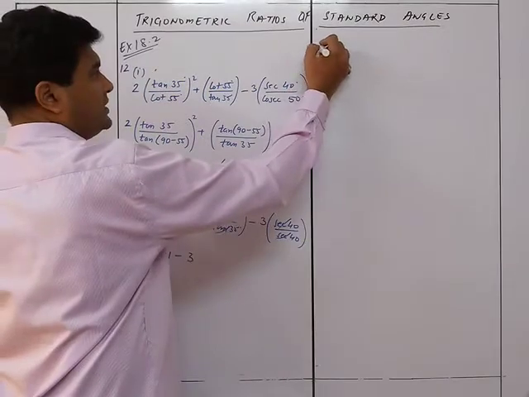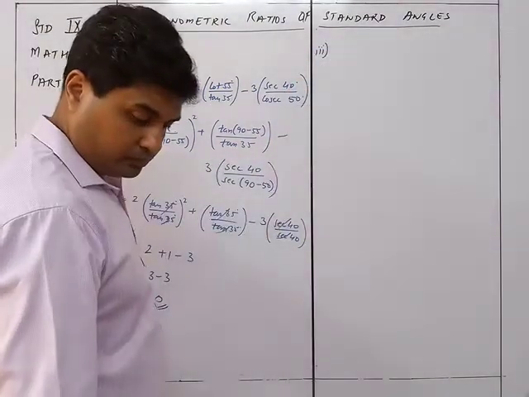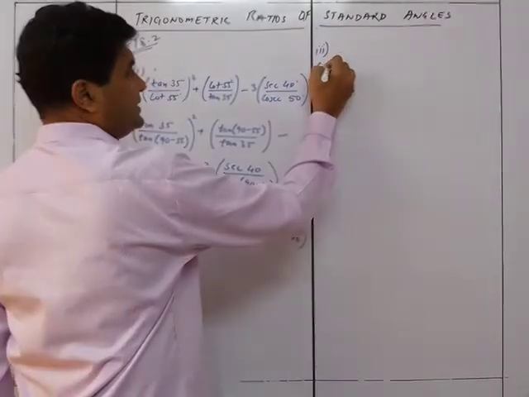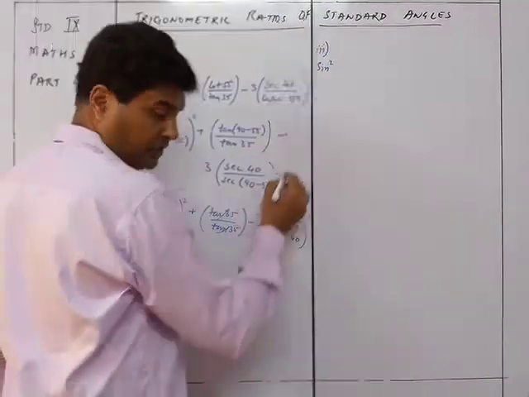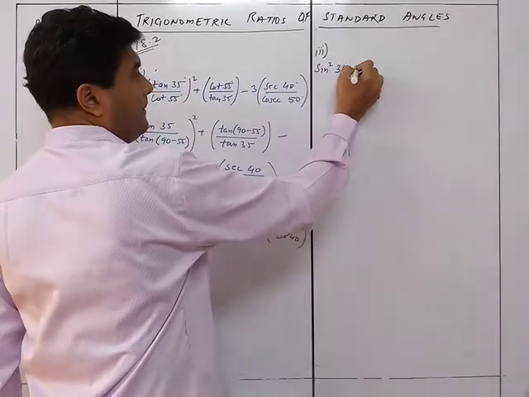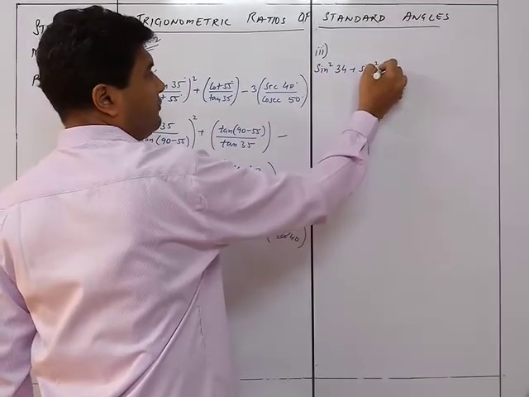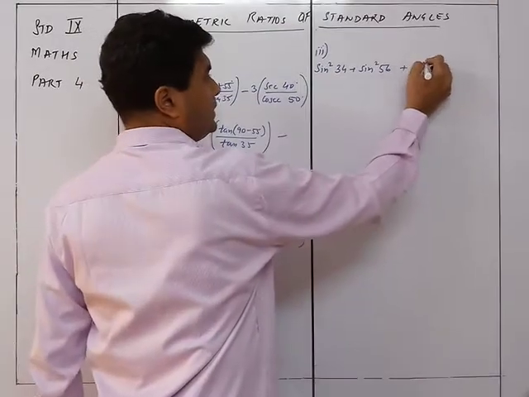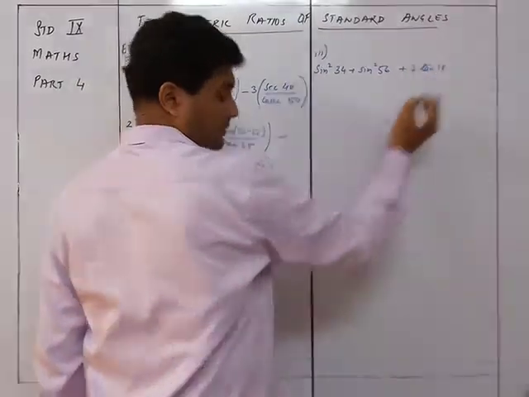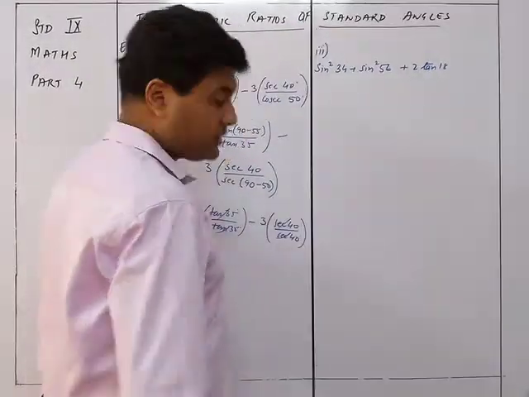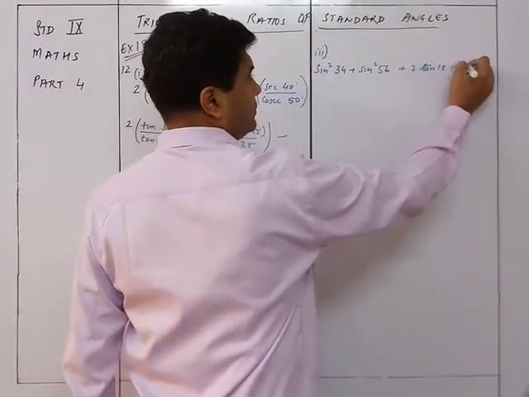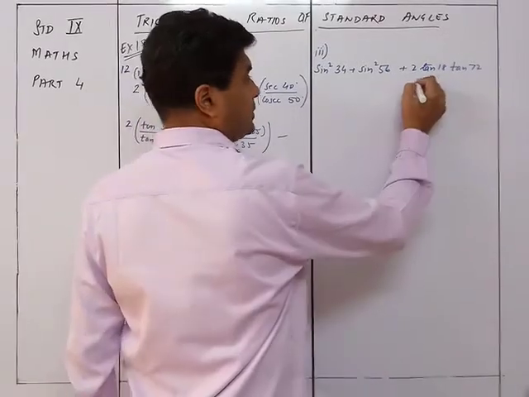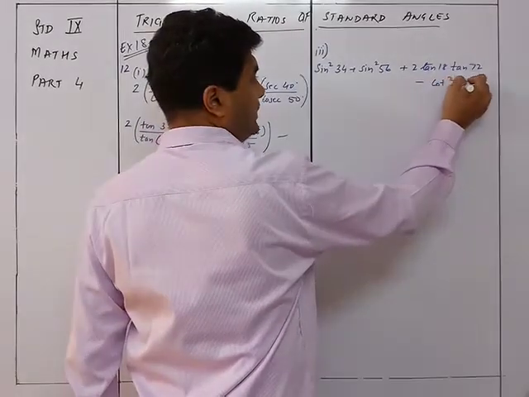We move on to the third sum of the 12th sum. Sine square 34 plus sine square 56 plus 2 tan 18 tan 72 minus cot square 30.